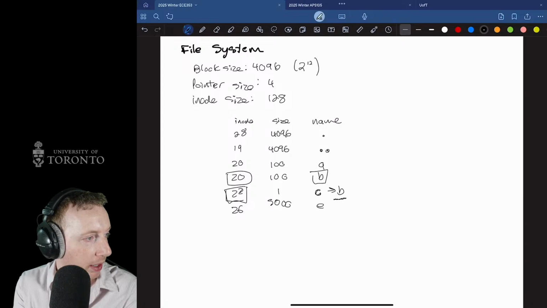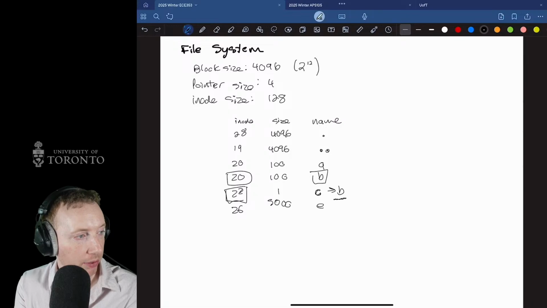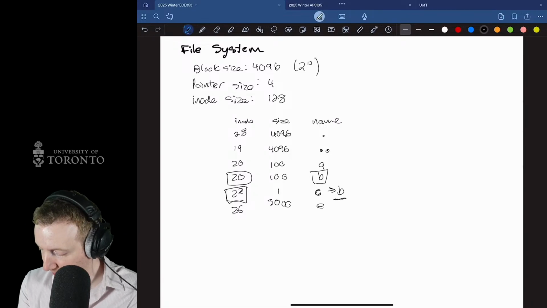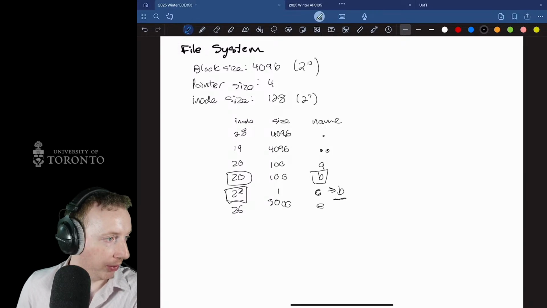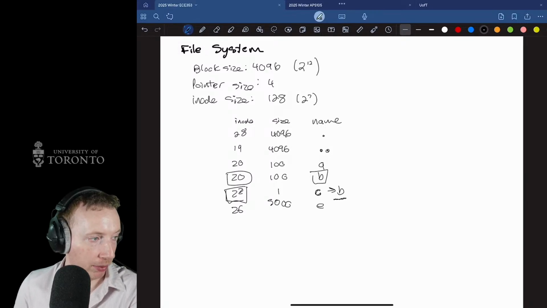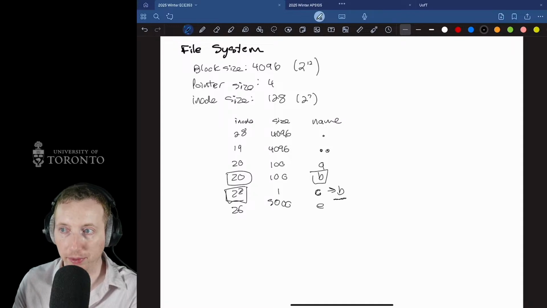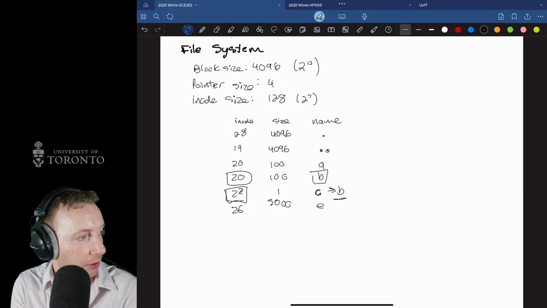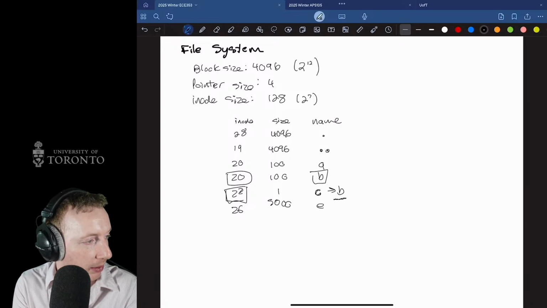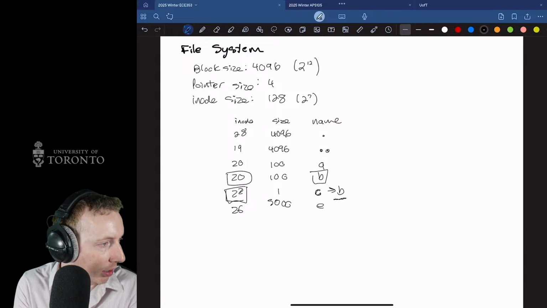The next question asks whether it is possible to store all the inodes associated with the directory in a single block. You just keep track of how many inodes you can store on each block. 128 is 2 to the 7, so in this case you can store 2 to the 5 inodes on each block. They start at inode 1, so the first inode block would be 1 to 32. I also did the inode numbers in a way where if you're off by 1, it didn't matter.